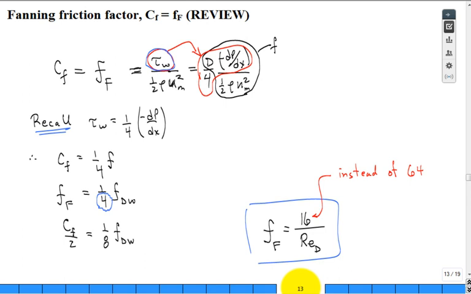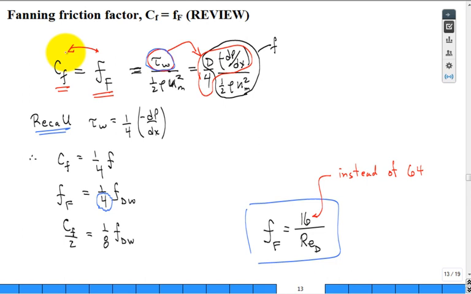But there's a lot of people in the world who have a different version of the friction factor. It's named after Professor Fanning, who did a lot of work. This is in a lot of fluid dynamics textbooks: they'll have a friction factor. Maybe they'll put a different subscript on it, or maybe they'll put C sub F because it's more closely related to the skin friction coefficient like we had for external flow.